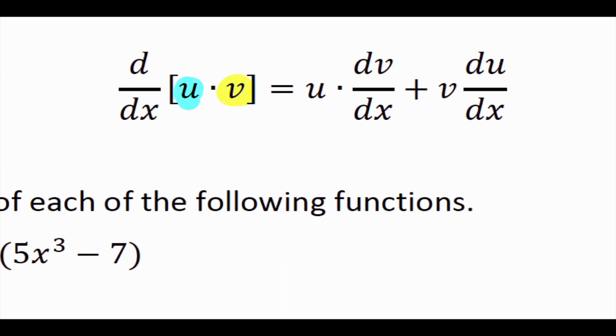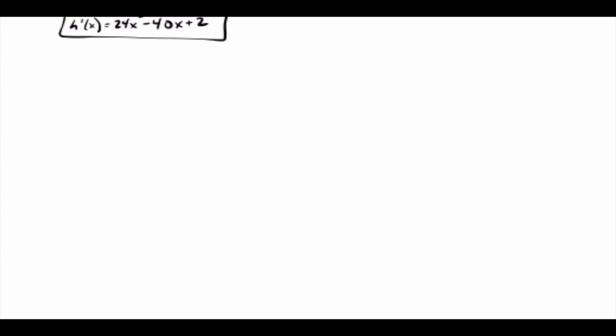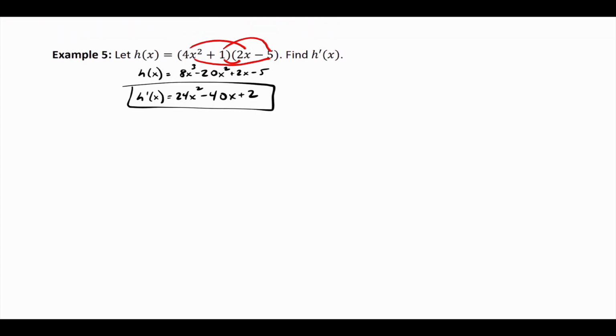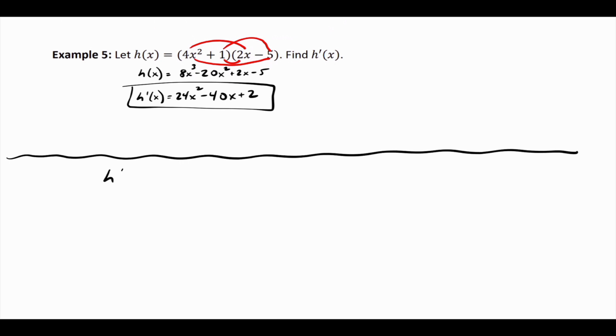Okay, so let's do that same problem we just did using the product rule. Okay, so let's go back. So same problem. H of x equals 4x squared plus 1, 2x minus 5. Find h prime of x.